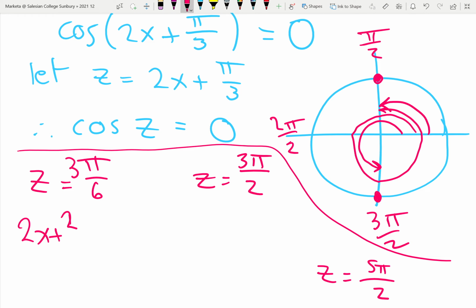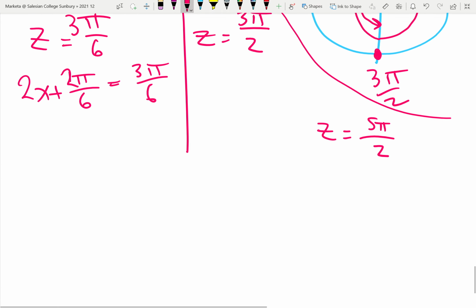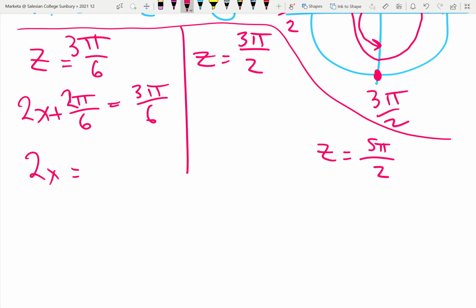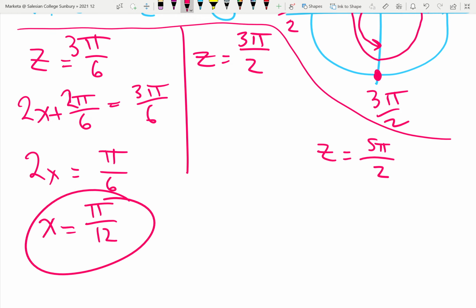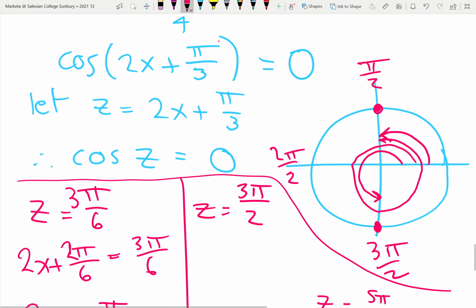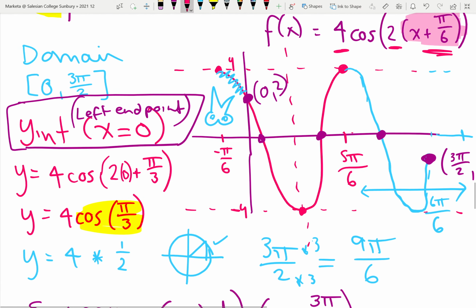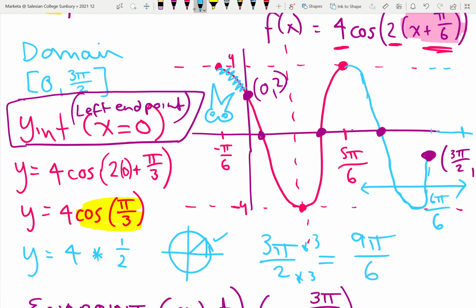So 2x plus 2 pi on 6 equals 3 pi on 6, which means 2x equals 3 minus 2 is 1, so that's pi on 6, and x equals pi on 12. So that's definitely within the domain, pi on 12. Let's put it in on the graph straight away. That must be here.